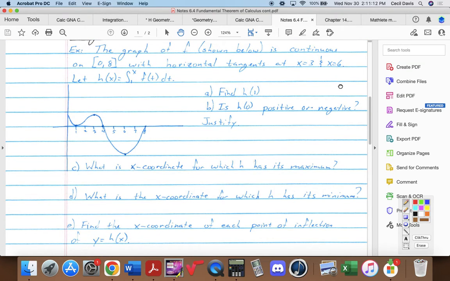The graph of f shown below is continuous on the closed interval from a to b, from 0 to 8. I say closed interval and my mind immediately says a to b. Closed interval from 0 to 8 with horizontal tangents at x equals 3 and x equals 6.